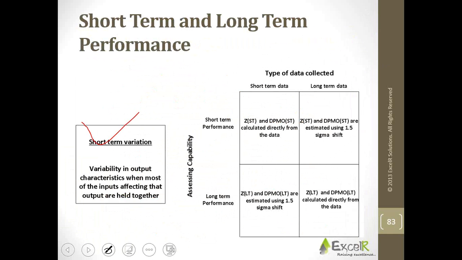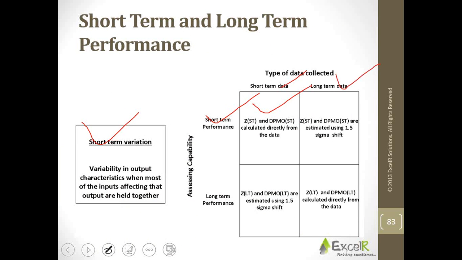Short-term and long-term performance. Variability in output when most of the inputs affecting that output are held constant is short-term variation. So here are the types of data collected. Short-term data will give you short-term performance. If you collect sigma level short-term and DPMO short-term, which are calculated directly from data, you get short-term performance details.